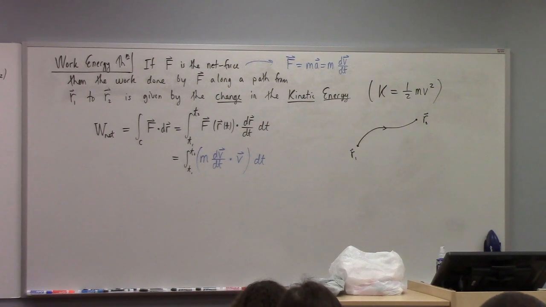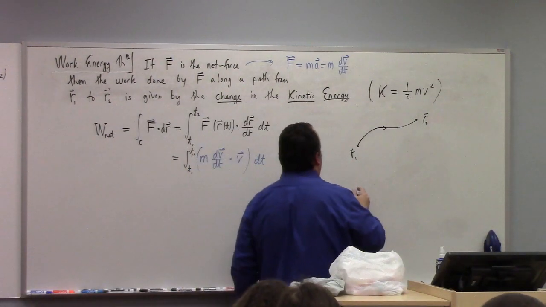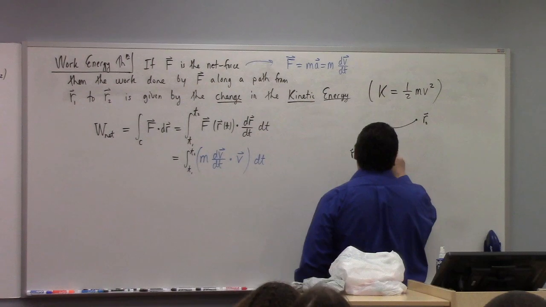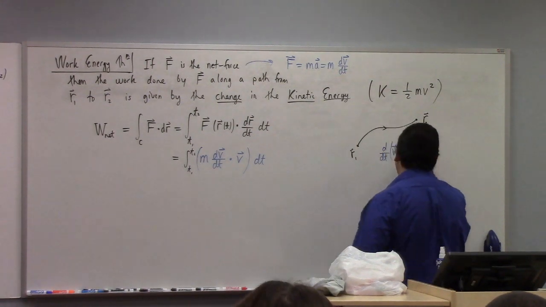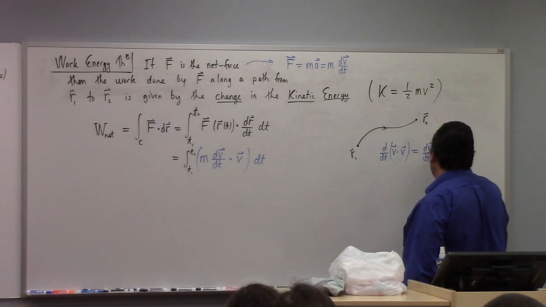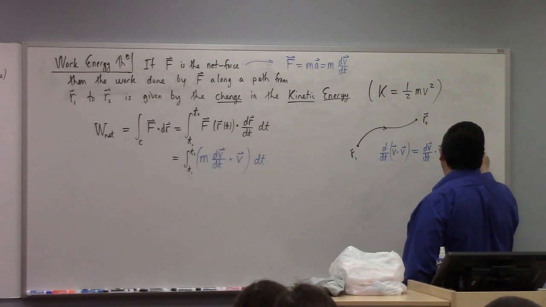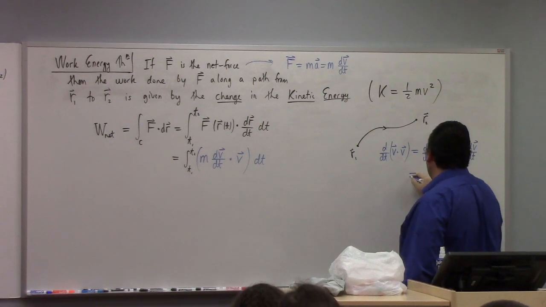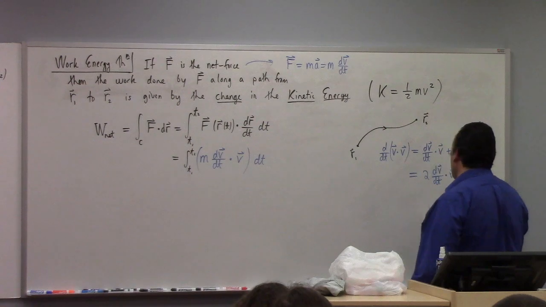But there's a simple calculus identity here that we should notice. What happens if we differentiate the velocity dot itself? We did this kind of calculation a little bit ago. Remember product rule? So I got dv dt dot v plus v dot dv dt. But since the dot product is commutative, that gives me 2 dv dt dot v.